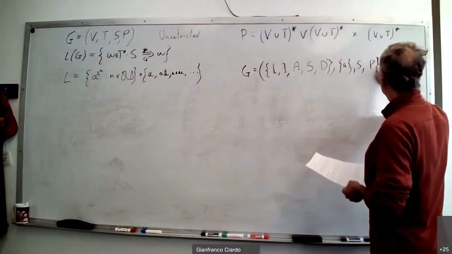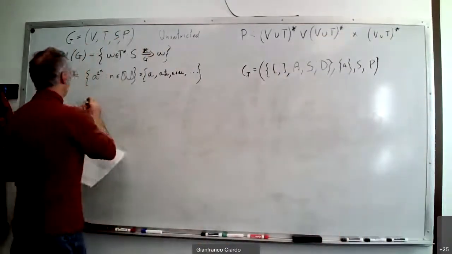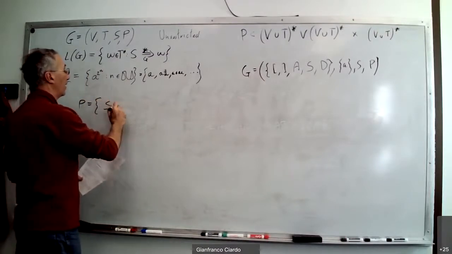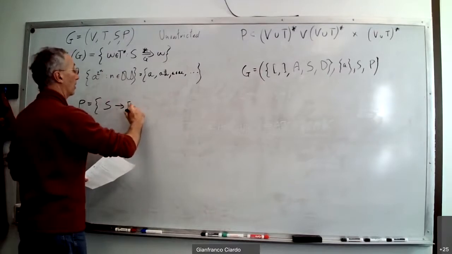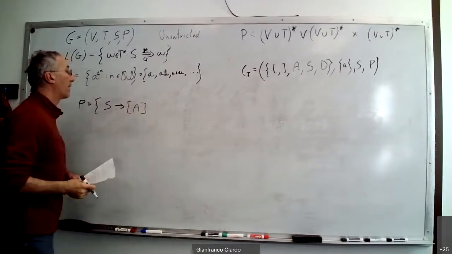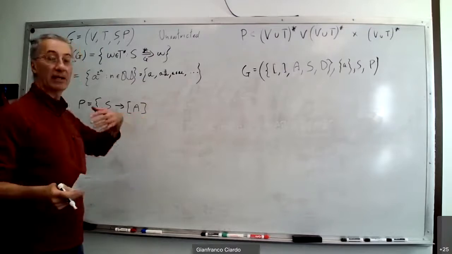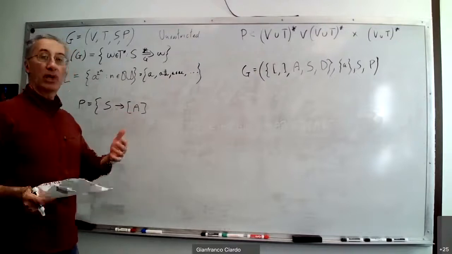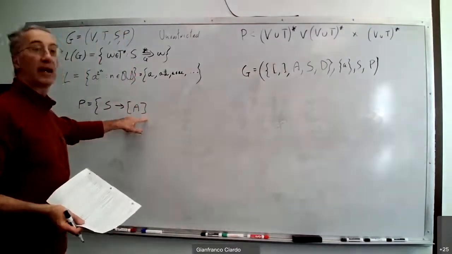And then we have our productions. For the productions, S is just used to generate a bracketed A. So that's the only thing I can do at the beginning: from S, I generate bracket, A, bracket. And I need this just because I need to have a starting symbol. I cannot have three starting symbols, right?